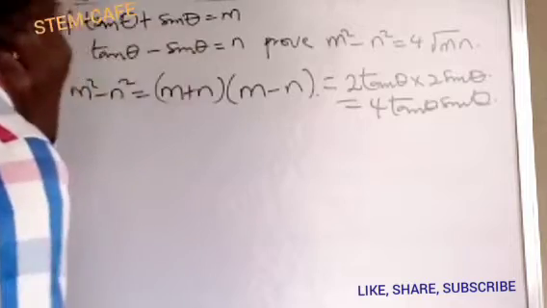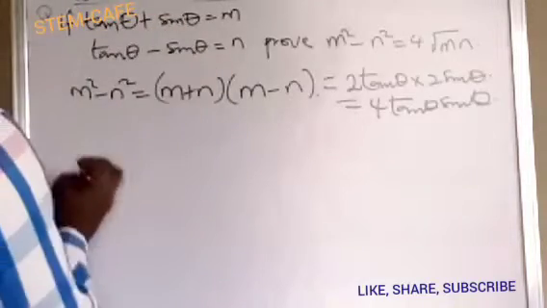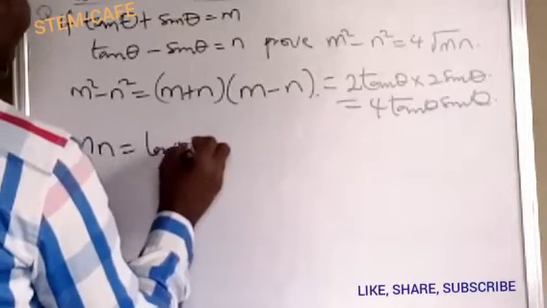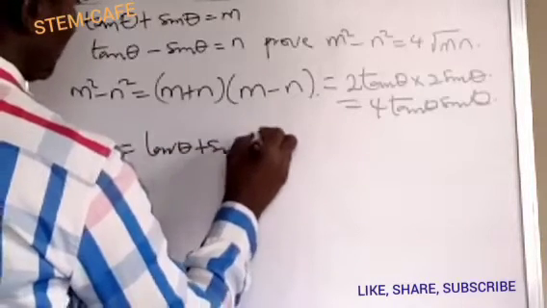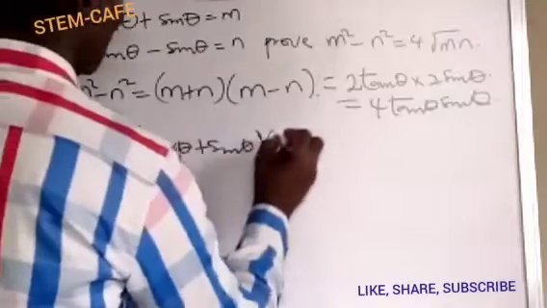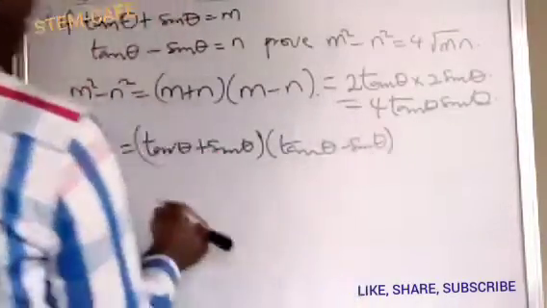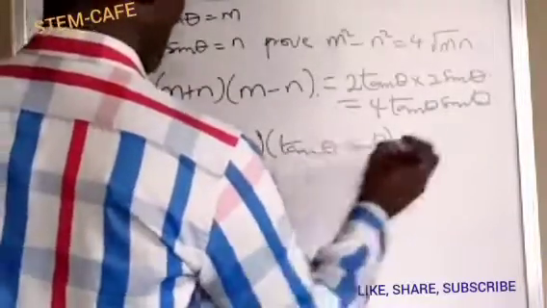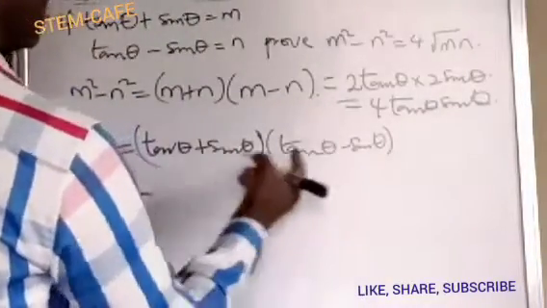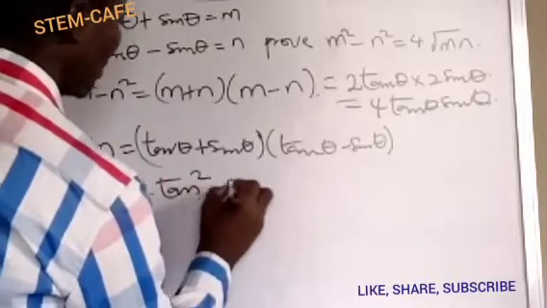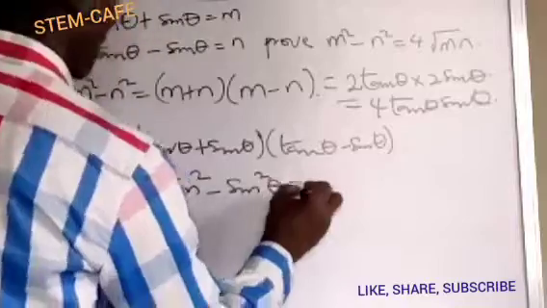Now let's multiply the two, mn. So if you multiply tan theta plus sin theta into tan theta minus sin theta, that's going to give us tan square theta minus sin square theta. So I'm factorizing further.